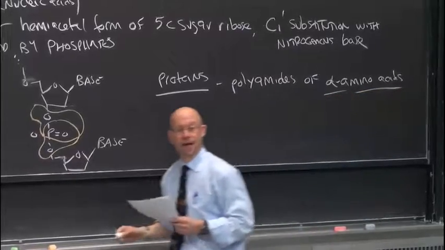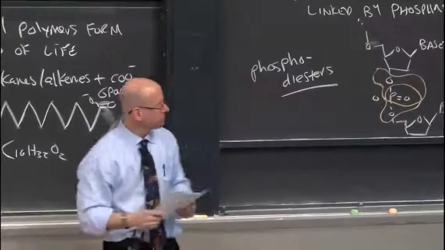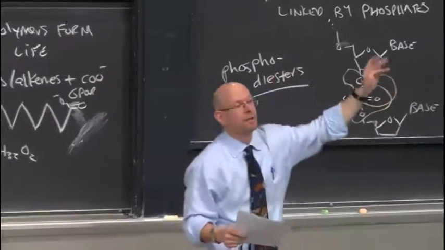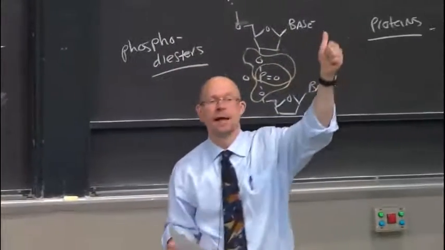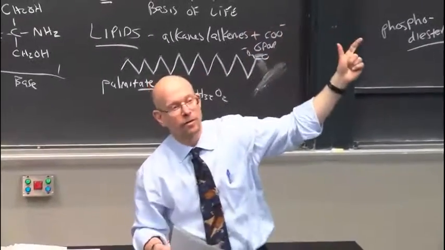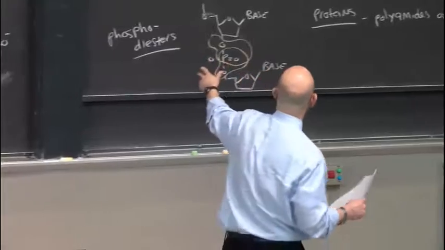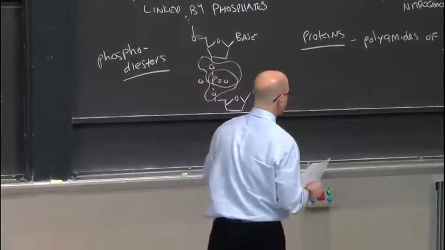Okay? Everybody still with me? So all of life comes from 4 types of polymers. Alkanes that have carboxylic acids, polyalcohols, polyesters, phosphate esters, and polyamides. That's all we need in order to create life.